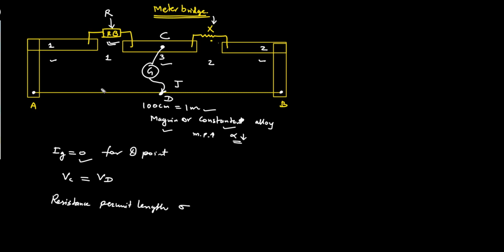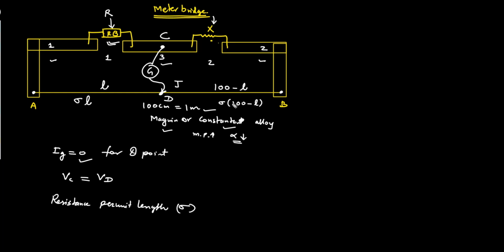So from A to D, if the balance length is L, then from D to B, the balance length will be 100 minus L. So resistance of the AD wire will be sigma into L. Resistance of DB wire will be sigma into 100 minus L.